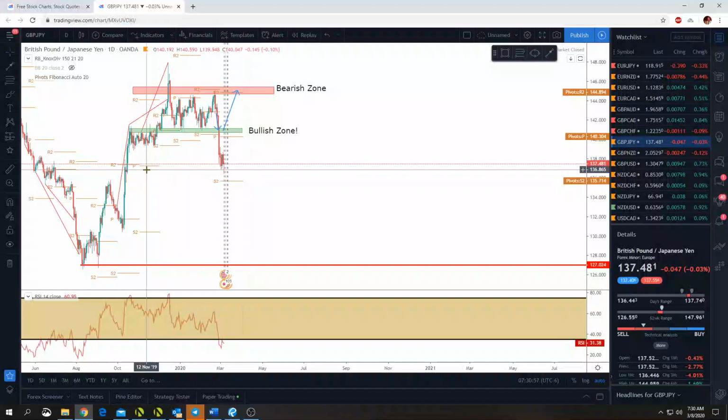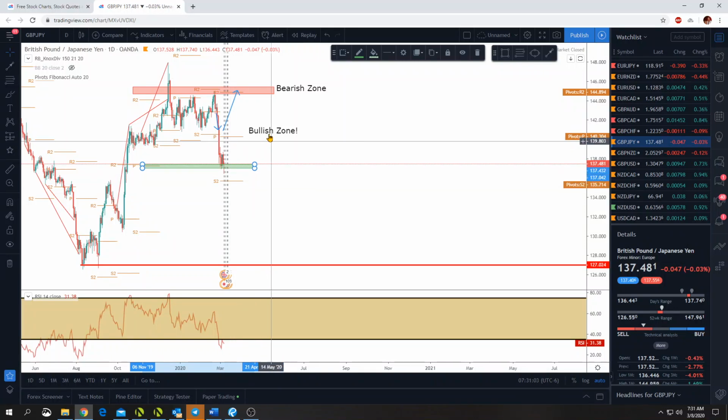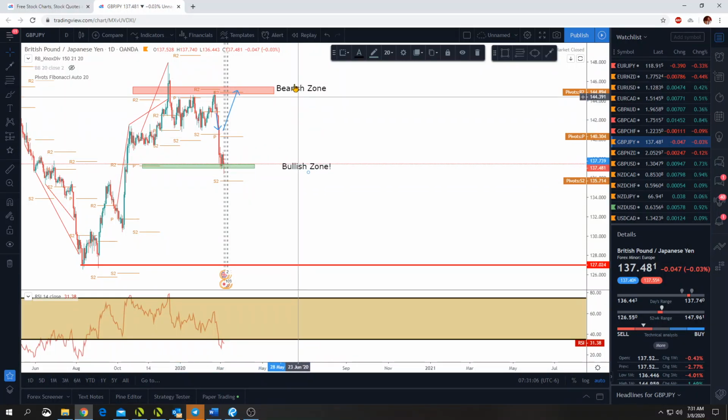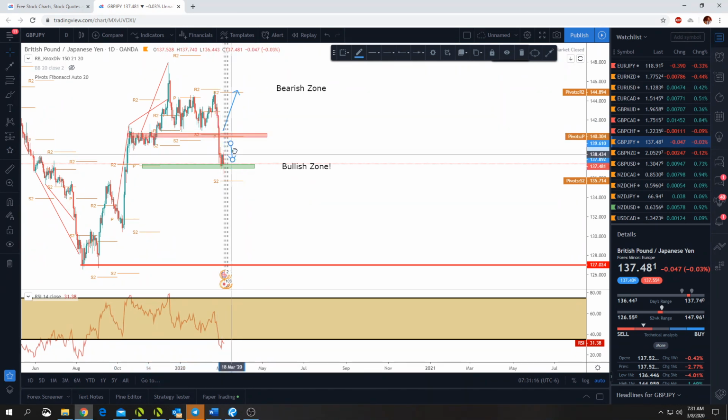British pound, JPY. Kind of the same thing, right? We didn't quite get all the way down to this S2 level. But I think we're in a good place for a retracement coming. Let's shrink that a little bit. Let's just move our arrows.